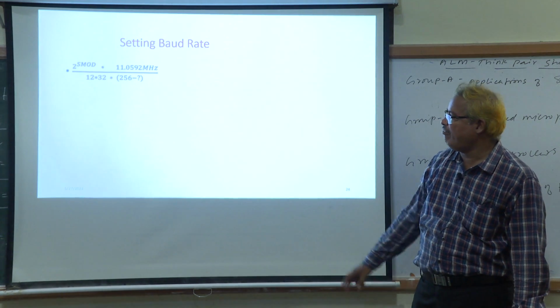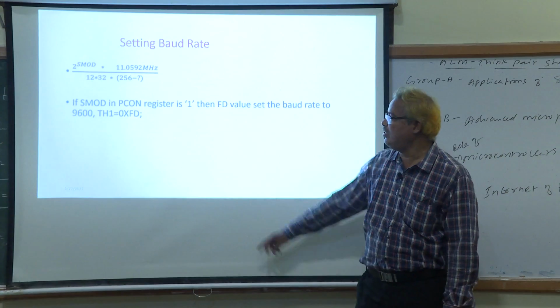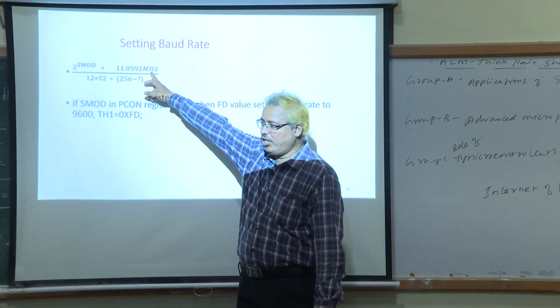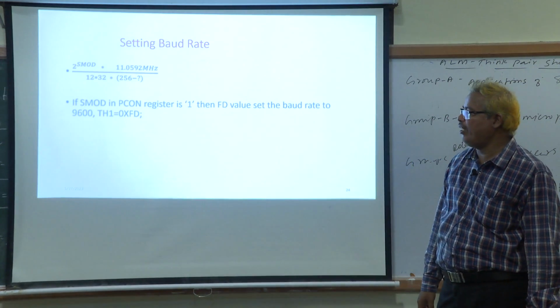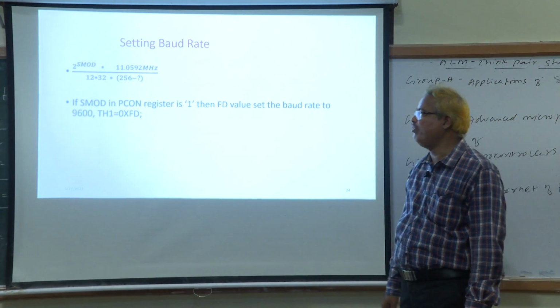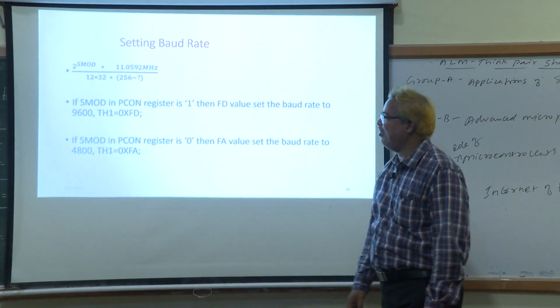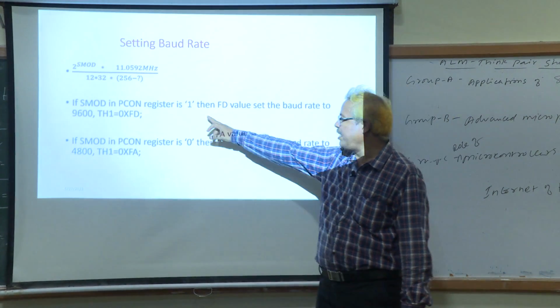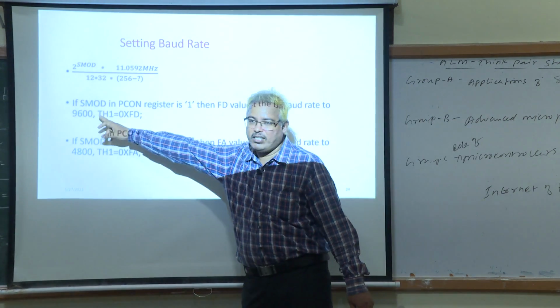For setting the baud rate, the formula is 2 power SMOD into 11.0592 megahertz, which is the crystal frequency of the 8051 microcontroller, divided by 12 into 32, into 256. So this will be the baud rate, and we can calculate it. If SMOD in the PCON register is 1, then the FD value sets the baud rate to 9600.